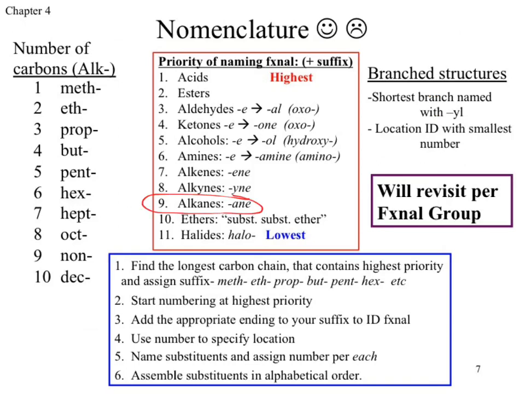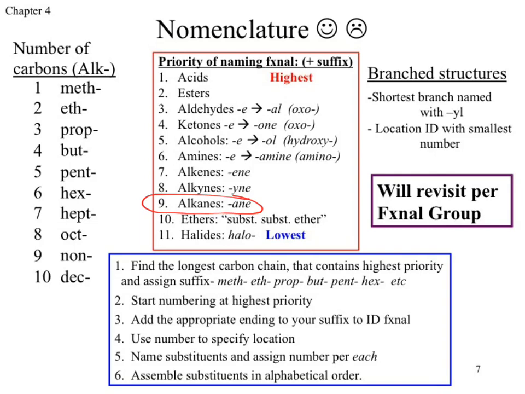We're looking ultimately at priority number 9. We'll need to know all of the numbers of carbons and their Greek prefixes. Up to you, however you want to memorize that. Through 6, absolutely back of your hand, you should know that without any questions. 7 to 10, you will probably see a few questions on those. You just see them less frequently. Okay? So make sure you get those memorized.